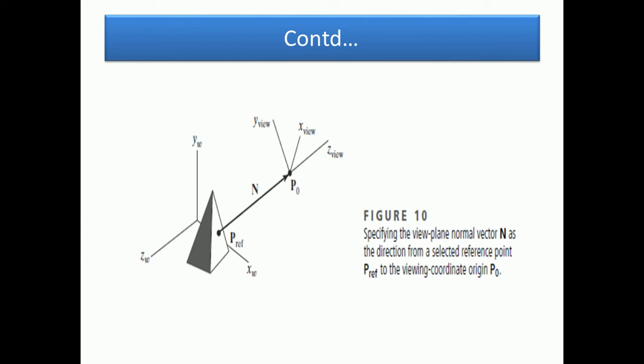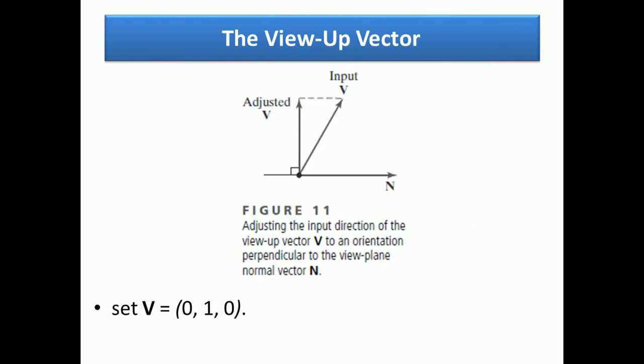But it is usually much easier to specify a vector direction with two point positions in a scene than with direction angles, as we know already. So this is in detail about the view plane normal vector, whose representation is capital N.